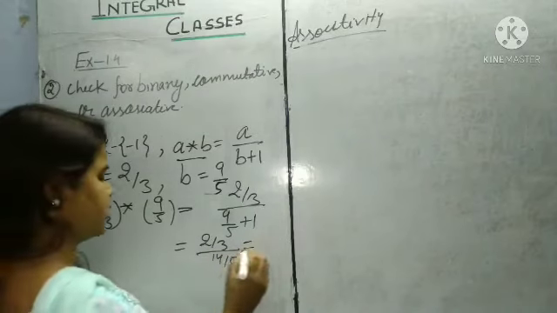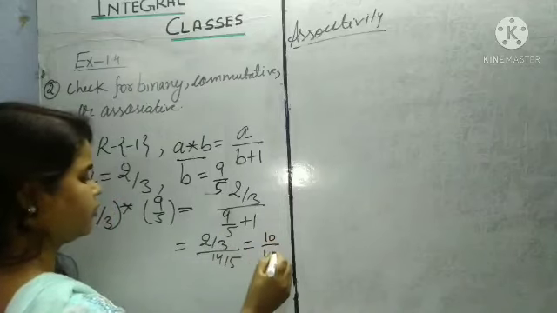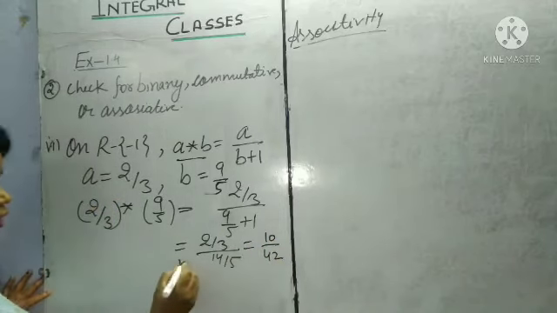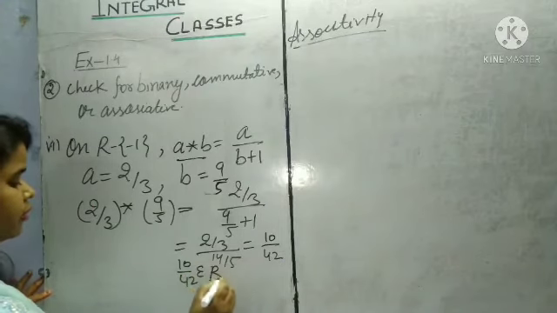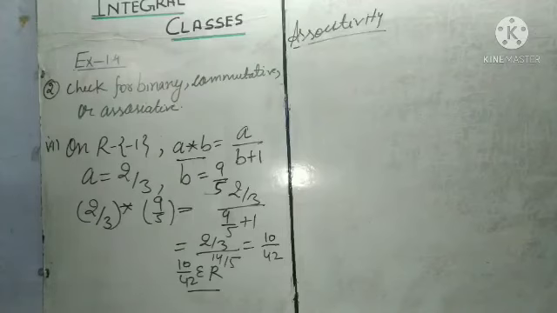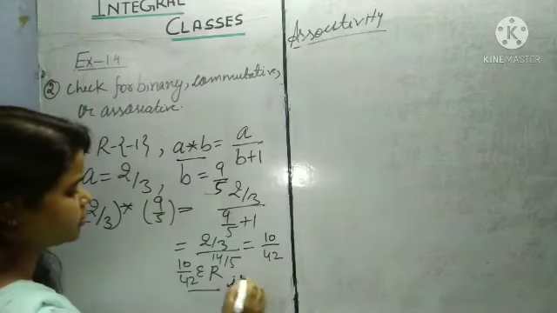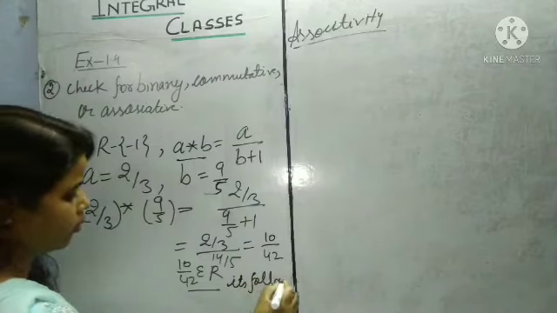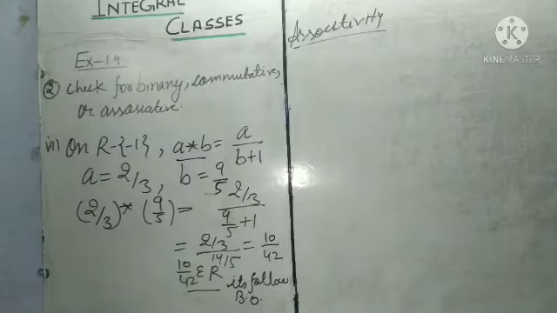Then the answer is 5 2 ja 10, 14 3 ja 42. So 10 upon 42, it is a real number. So yes, it follows binary operation.